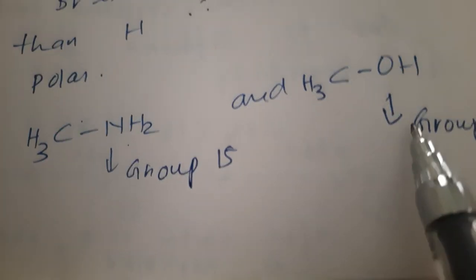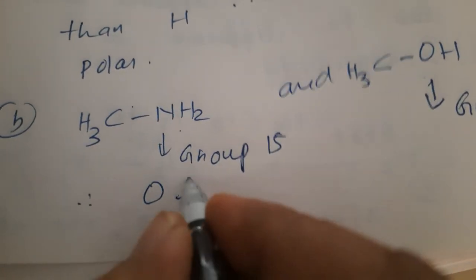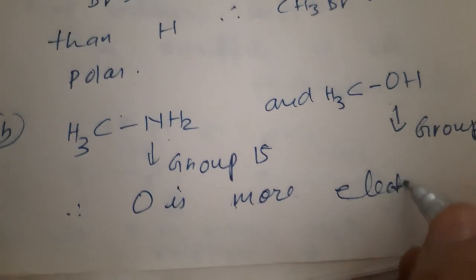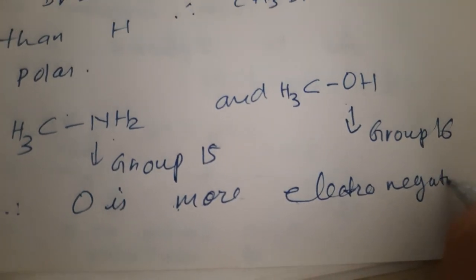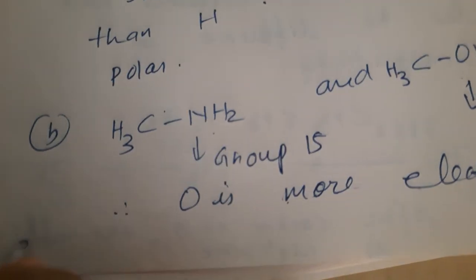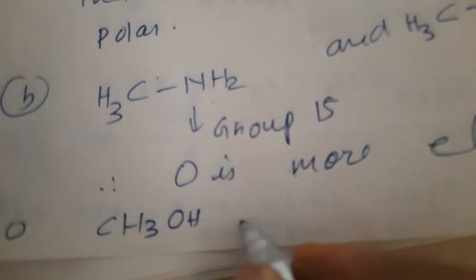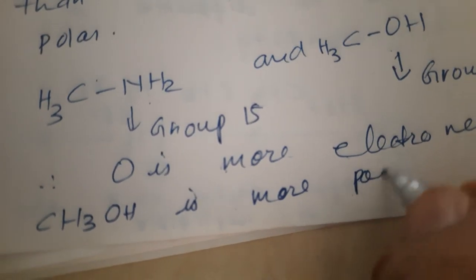Which one is more electronegative? O. Therefore O is more electronegative, so CH3OH is more polar.